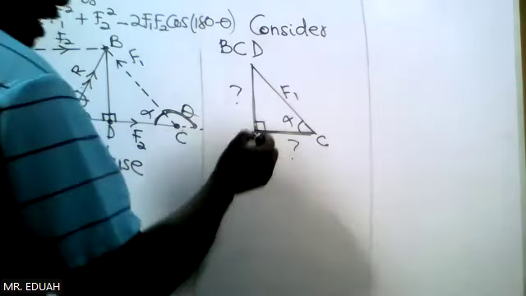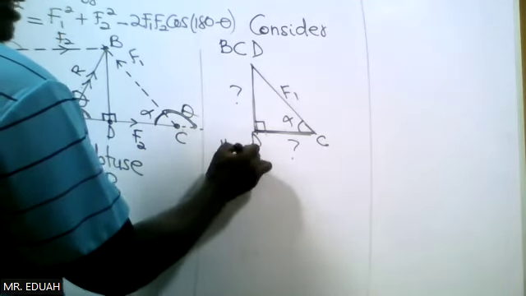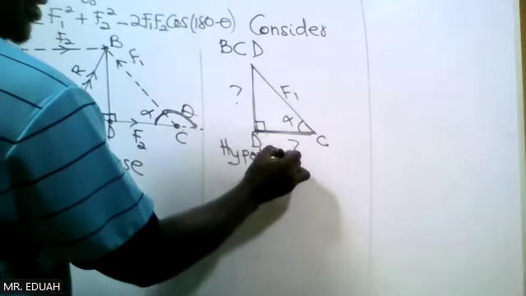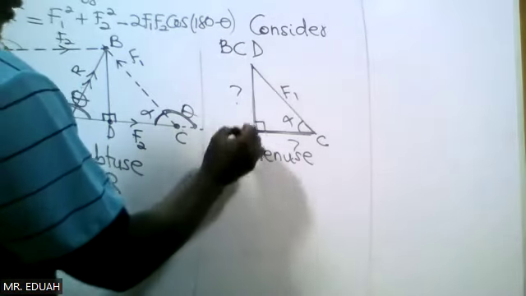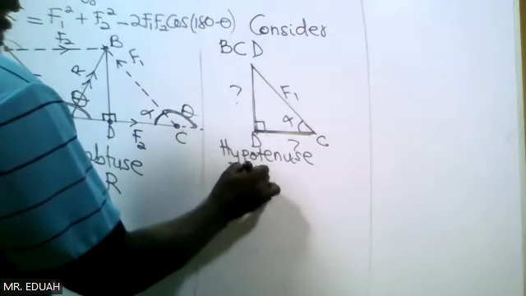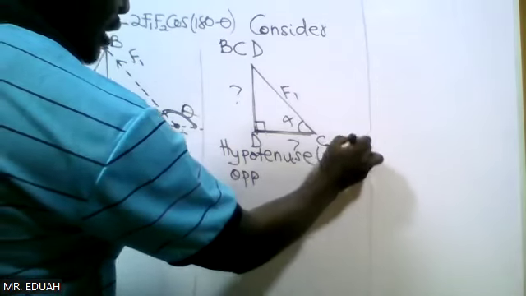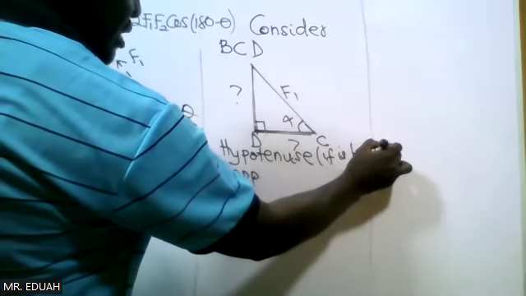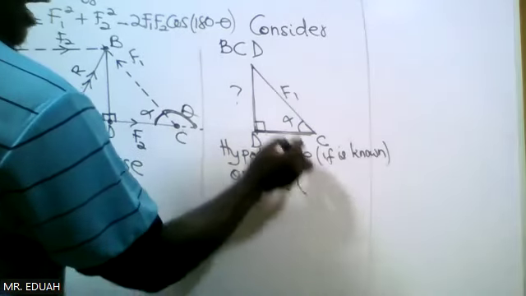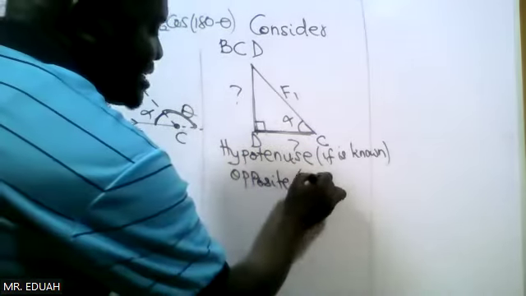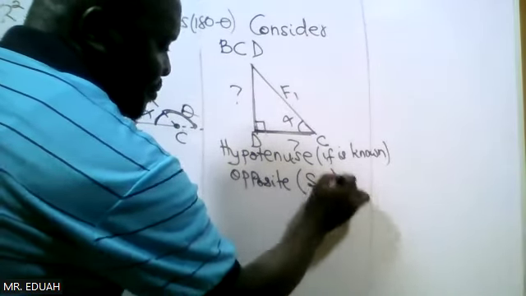In trigonometry, if you know the hypotenuse, which is the longest side of the right angle triangle, and you are looking for the opposite, the appropriate trig ratio to use is sine of the angle.